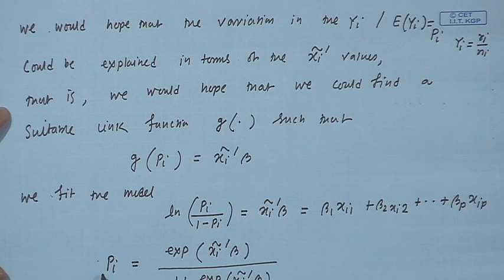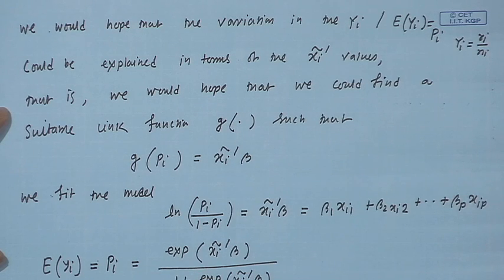So, this is the same as writing expectation of y_i equal to this, which is equivalent to saying that y_i is equal to this plus epsilon.